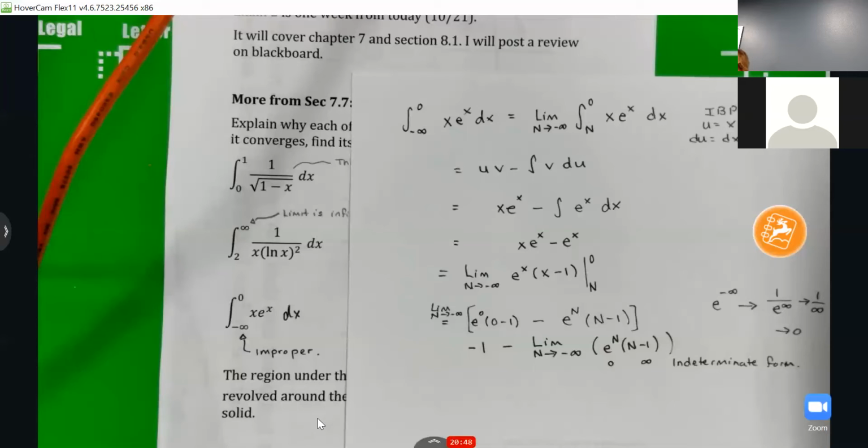It's been a while since you've done those kinds of limits, huh? Usually we take one of the factors and we put its reciprocal in the denominator, right? If you divide by the reciprocal of something, that's the same as multiplying by the flipped version of it. So I'm going to put the 1 over e to the n in the denominator.